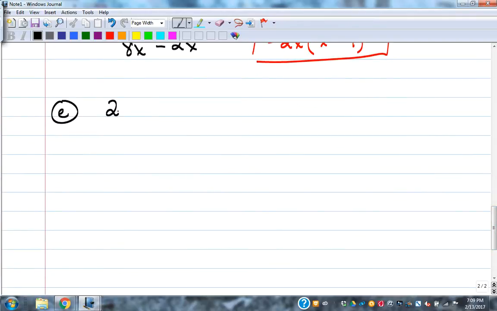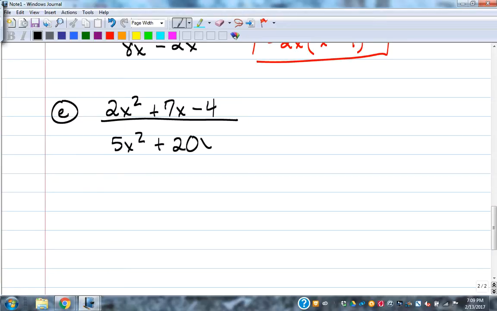All right, so let's try this one. 2x squared plus 7x minus 4 over 5x squared plus 20x. Again, we're just trying to simplify that. Okay, X method on top, which would be negative 8 and positive 7. 8 times negative 1.